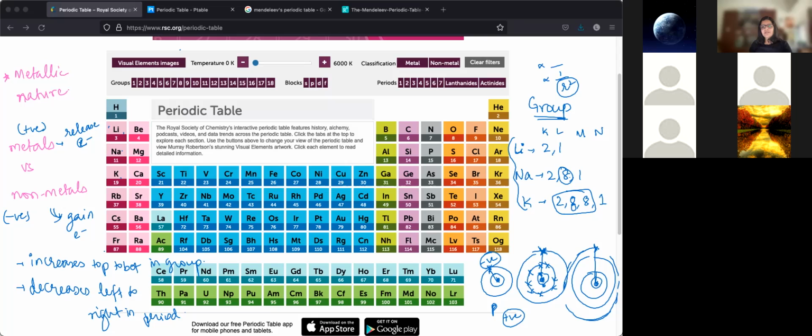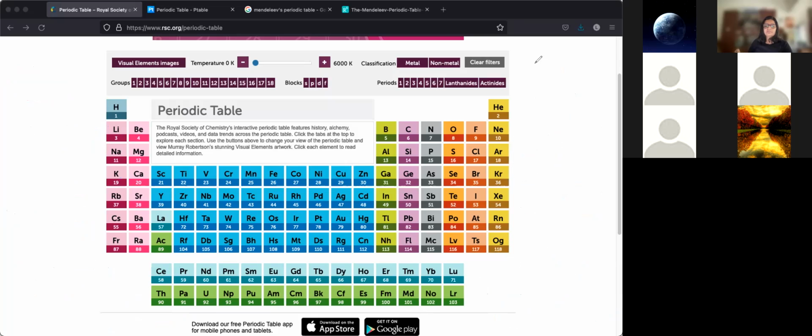Okay. So when you guys note this down in your notes, just mention the property, metallic nature. Compulsorily put like group mein what is the trend, top to bottom increasing or decreasing, and then period mein left to right, is it increasing or decreasing?